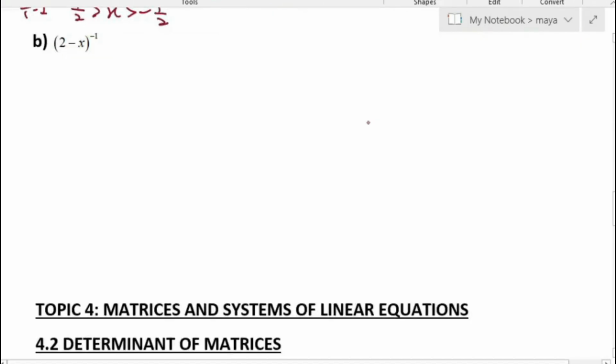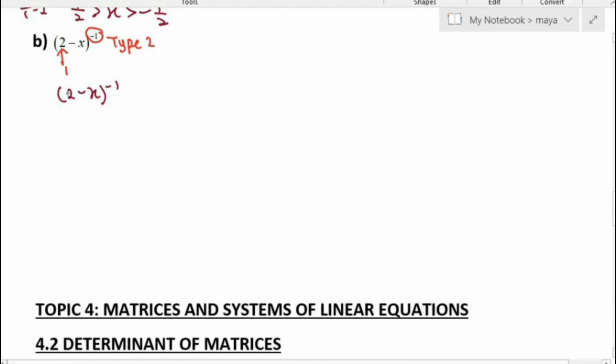So for question B, the power is not a positive integer, so this is type 2. And then this is not 1. So you must make sure this value is 1, then only your expansion is correct. So how do I get this?